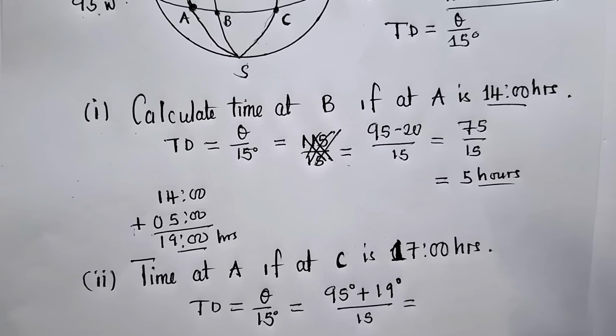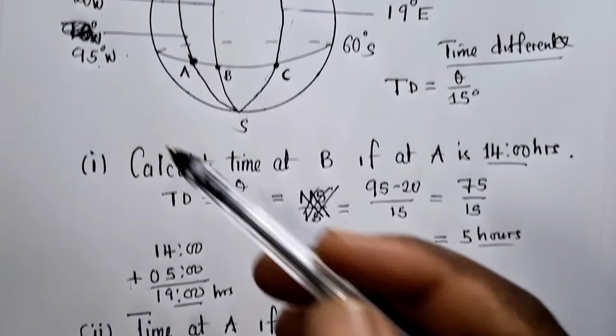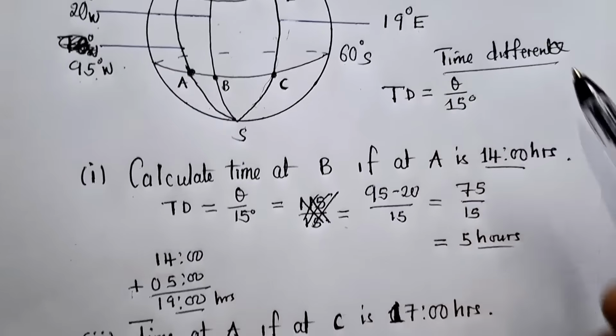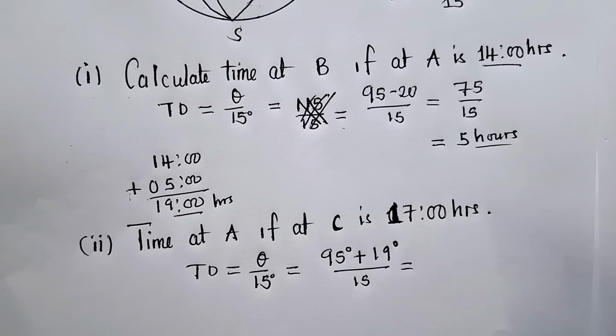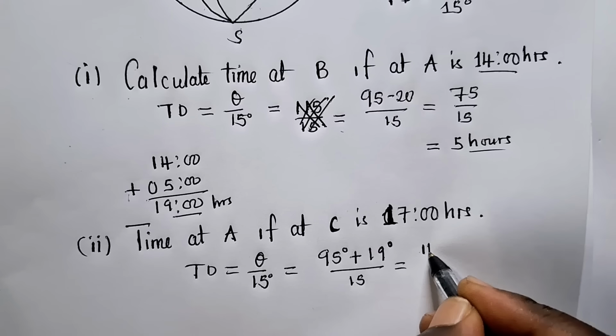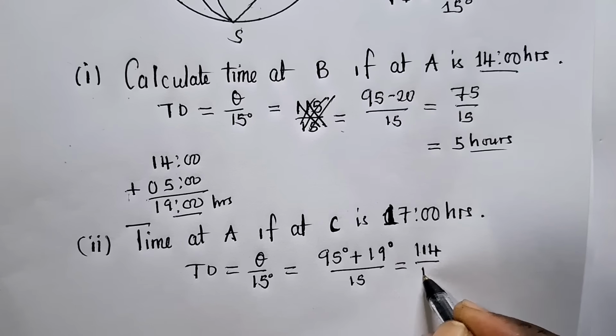Okay, remember when finding the difference, we said when the sides are different, this is west, this is east, you are supposed to add. And when you add 95 plus 19, it's giving you what? 114. So this is 114 over 15.